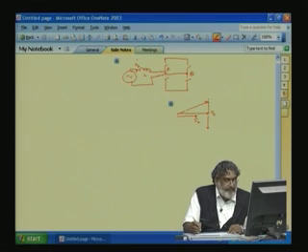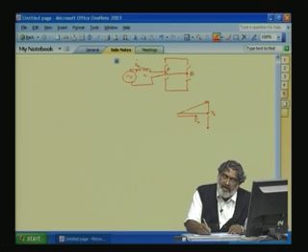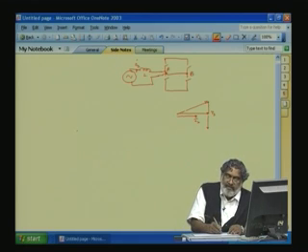Now, Vs plus the Is drop. If you take the fundamental component of this AB, that we will represent as VR.